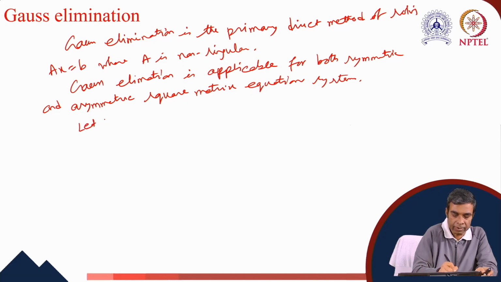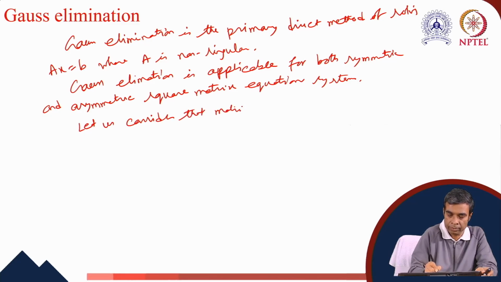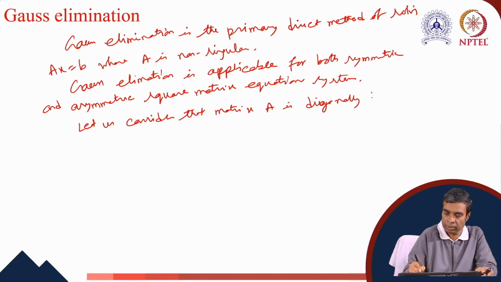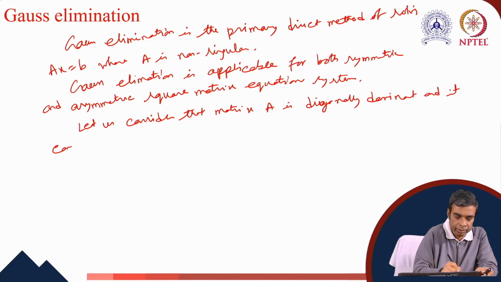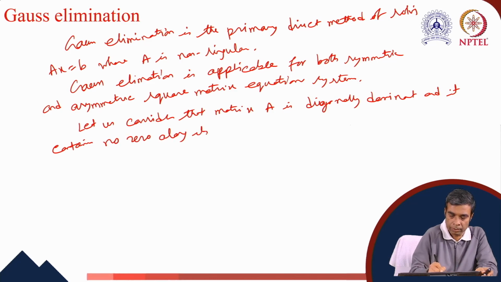Let us consider that matrix A is diagonally dominant and it contains no zero along its diagonal.